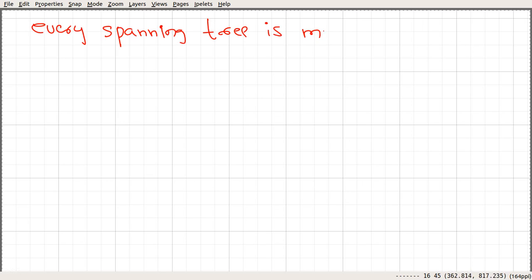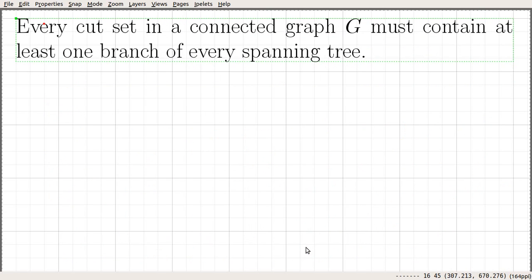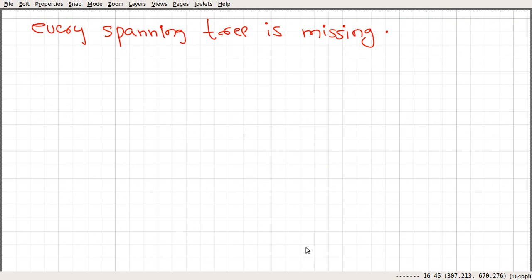Anyway, this is how we chose this particular S: S is a minimal set of edges containing at least one branch of every spanning tree of G. So G minus S is a subgraph of G from which at least one branch of every spanning tree is missing.